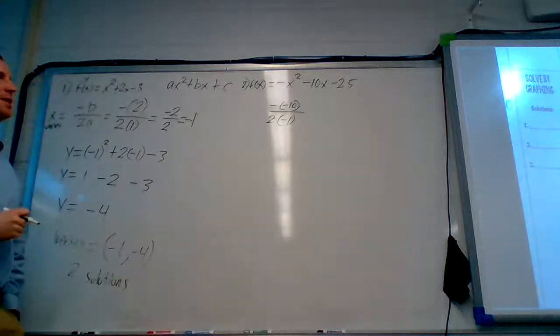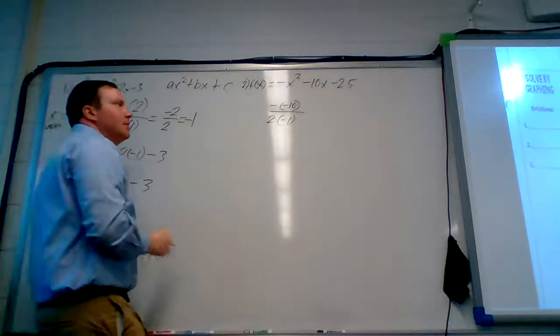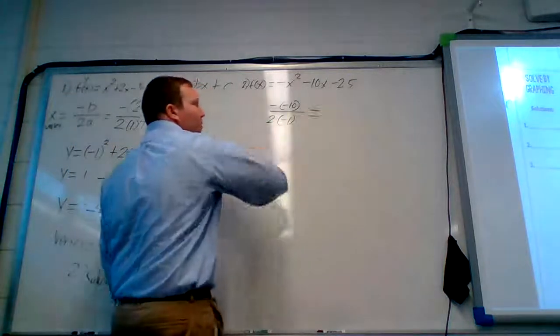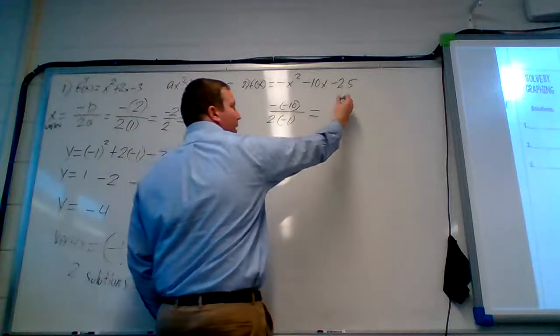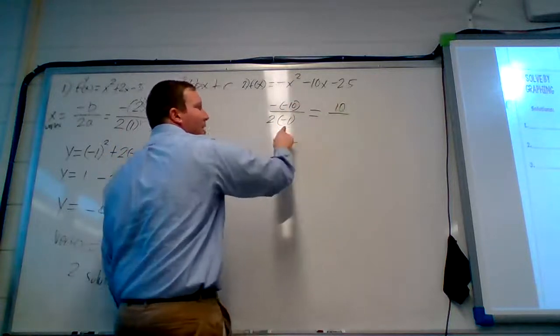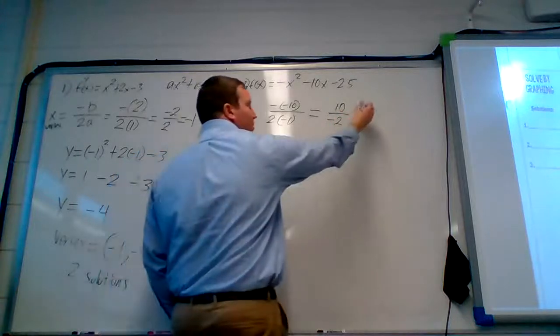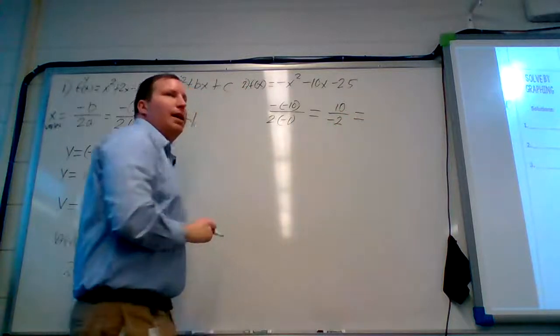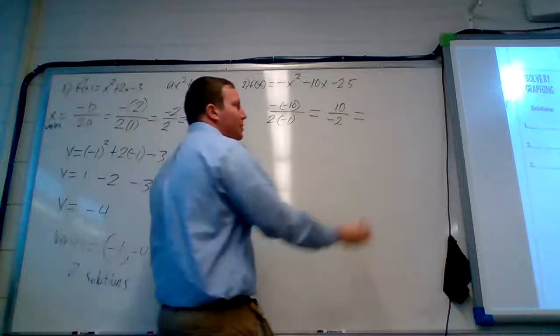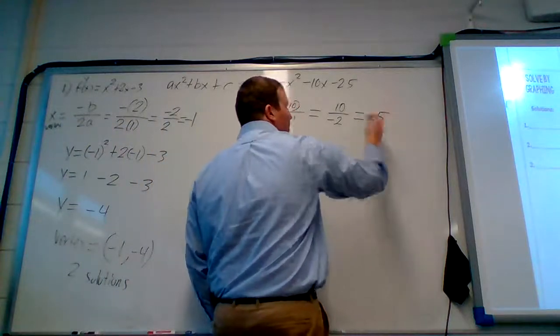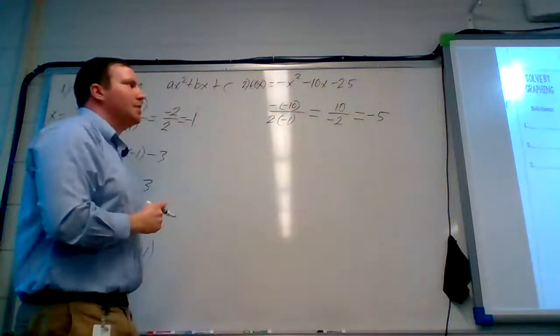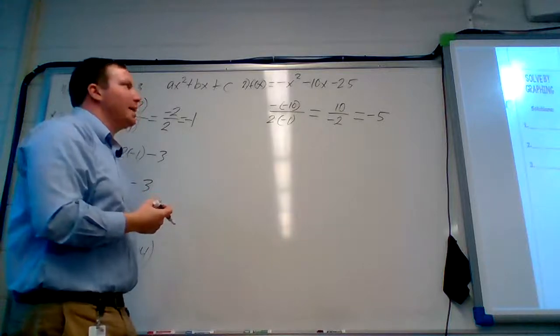So negative times a negative gets us a positive 10. And 2 times negative 1 gets us a negative 2. And then 10 divided by negative 2 is negative 5. So there's our x value for our vertex.